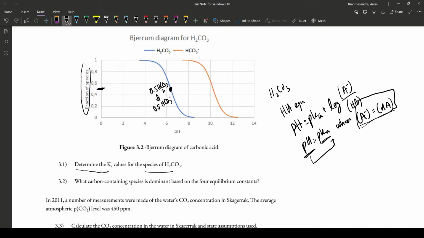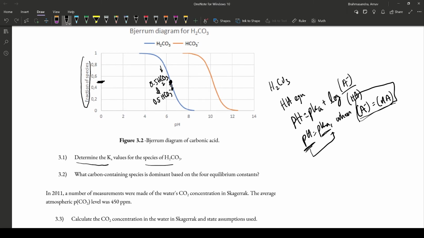This is because the amount of carbonate, CO3 2 minus, is basically 0 because the pH is acidic, and compared to H2CO3 and HCO3 minus, it's going to be not present at all, right? It's such a minuscule amount that we don't even have to worry about it. So where the fraction of species is 0.5 for H2CO3, the base form and the acid form are equal, which means that our pH is going to equal pKa1.